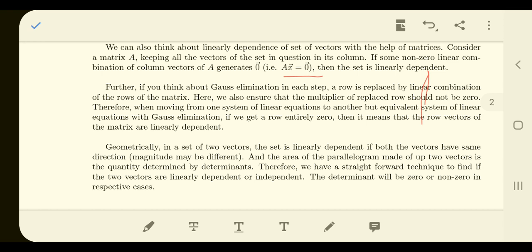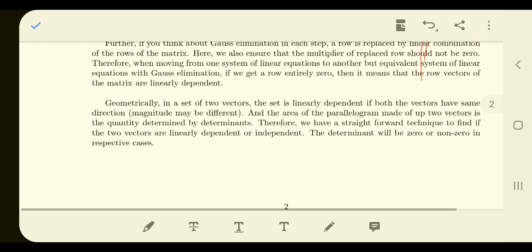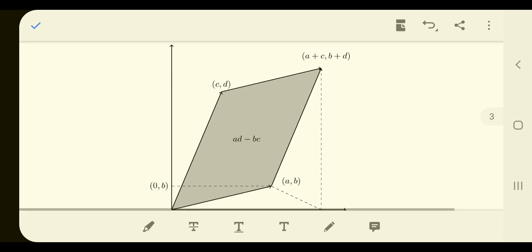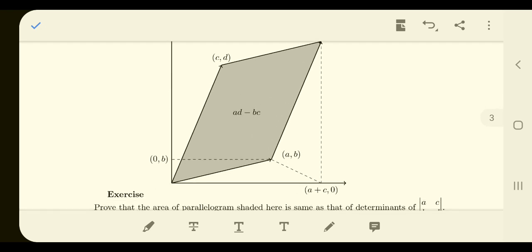And further we can look a little bit at what the geometry says. If we are talking about only two vectors, then taking the determinant corresponding to the two vectors gives the area described by these two vectors, the vector AB and CD.